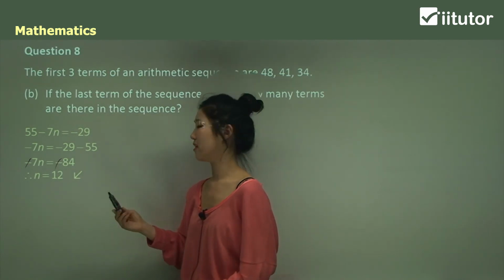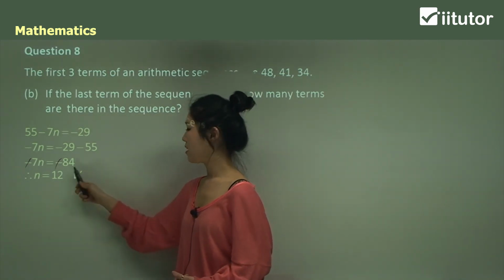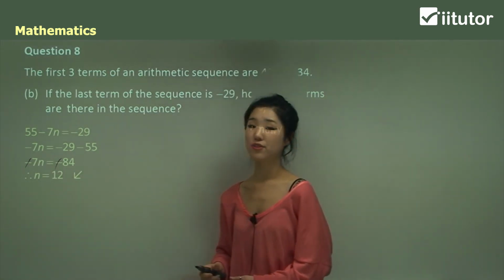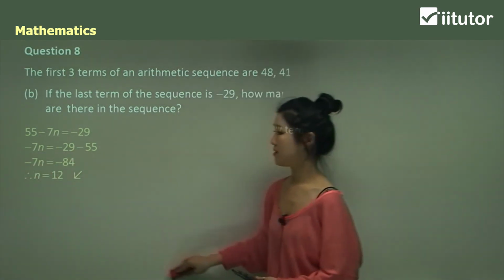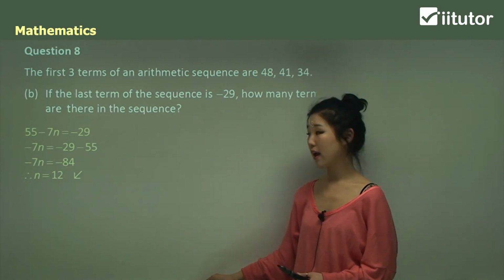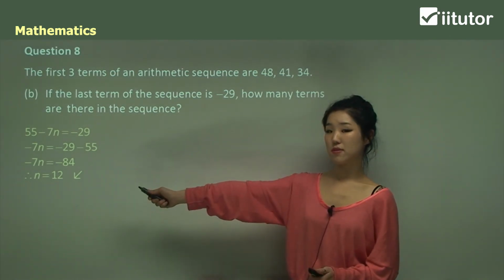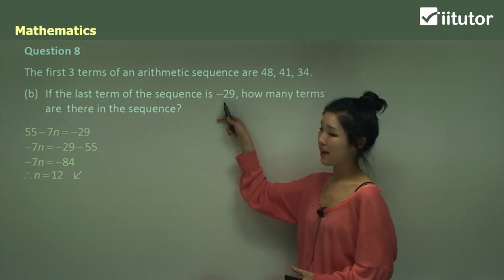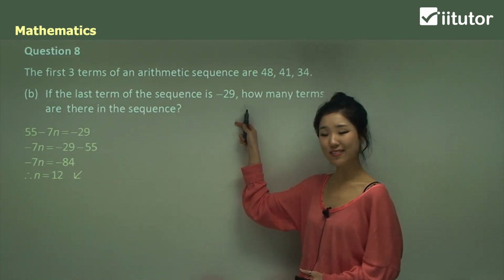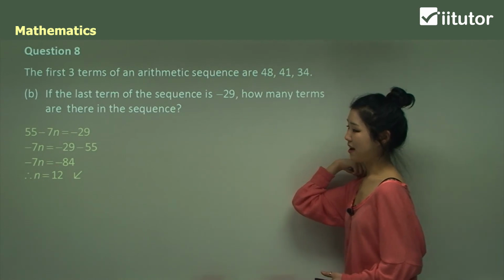You can just cancel it if both sides are negative. 84 divided by 7 is 12. So n equals 12. That's how many terms there are in this particular arithmetic sequence. So guys, there's 12 numbers in this sequence, so the 12th number is the last term, which is negative 29. So I hope that's okay for you now.